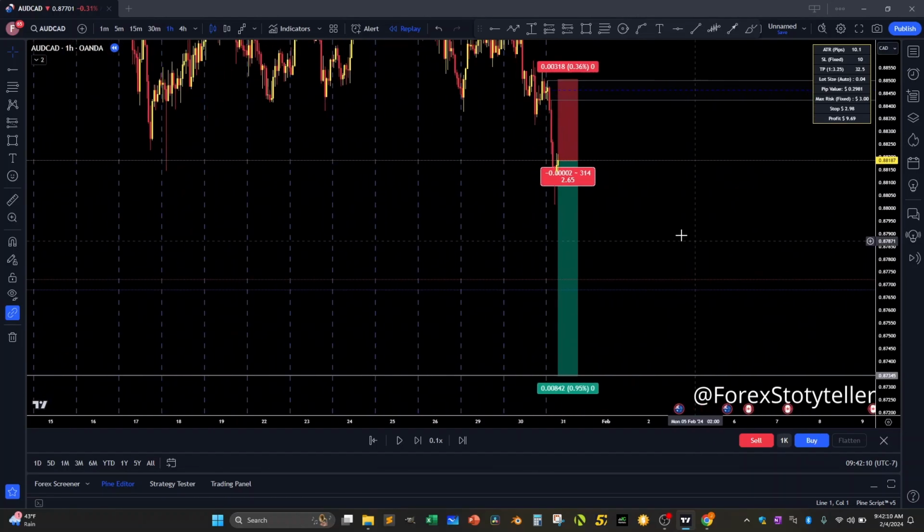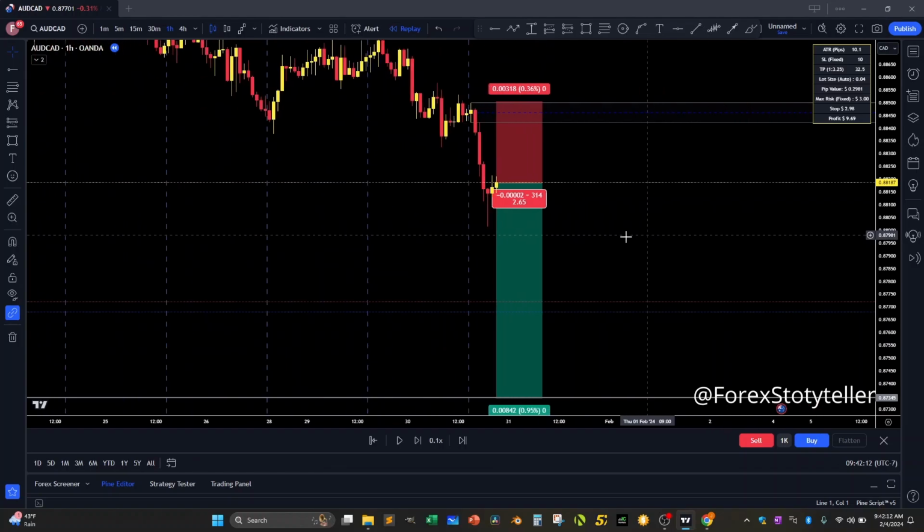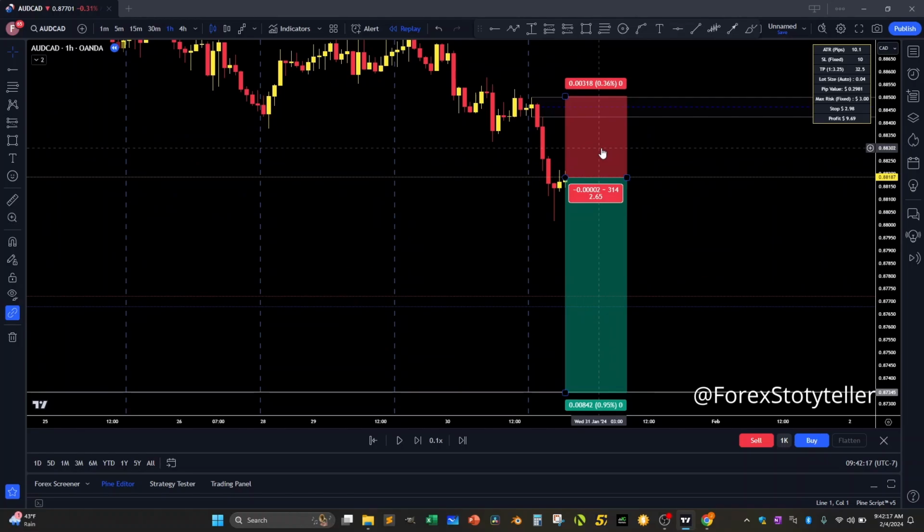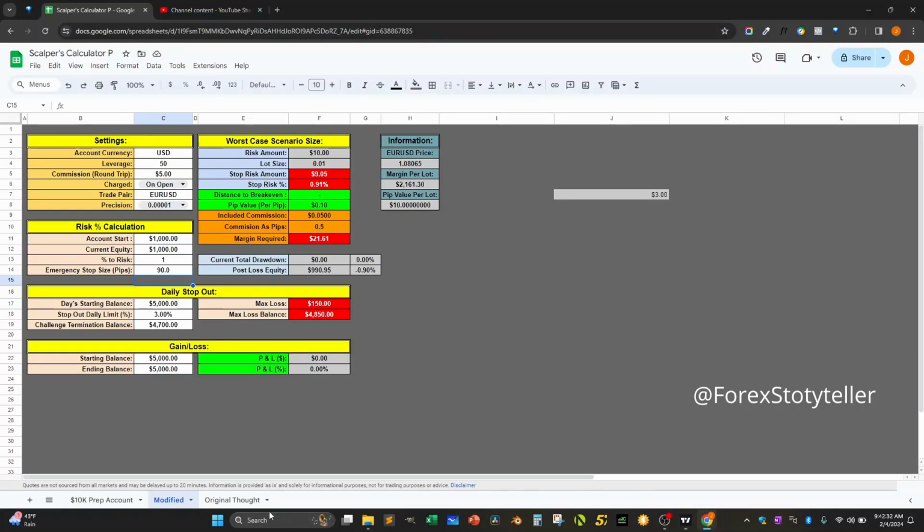But if, for example, we were to take this as a normal trade and lose this, if we were looking to risk, say, $10 for this trade, we would be trading with a 0.03. That would be about a little over $9 or so in risk. I've actually got a calculator handy so that we can look at it. So if we were looking at that stop there, it'd be $9.57 in risk.